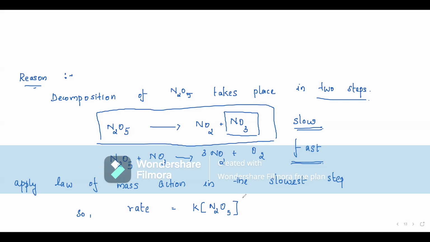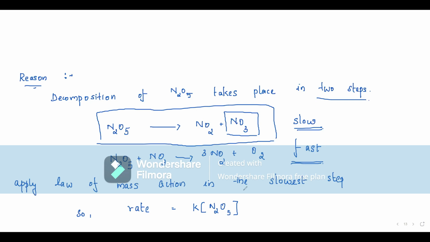So we got an answer: you cannot generally say that the law of mass action is not always holding good. No, the law of mass action is always correct, provided you find the slowest step in a multi-stepped reaction. Whenever your reaction is complex, meaning it has more than 1 step, find the slowest step and apply the law of mass action to the slowest step.